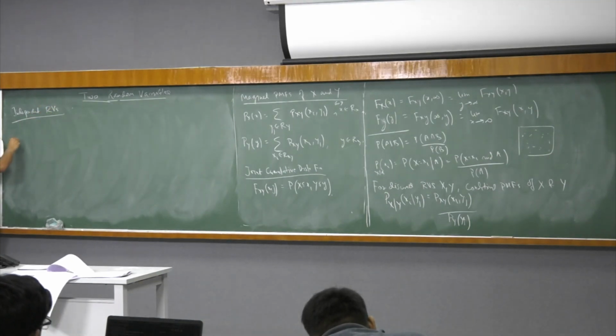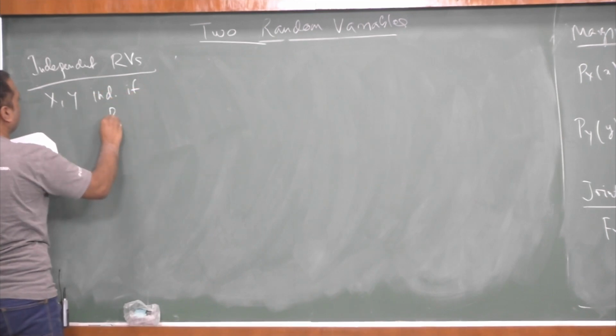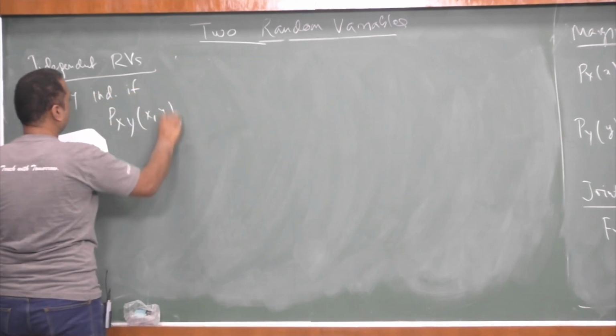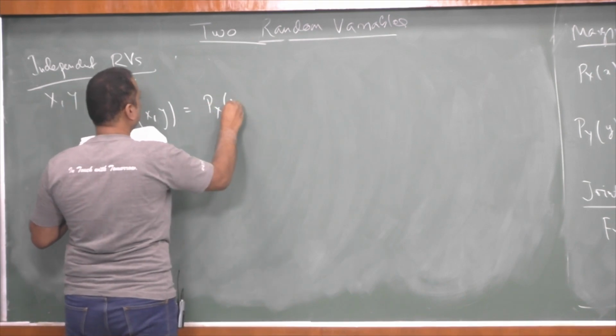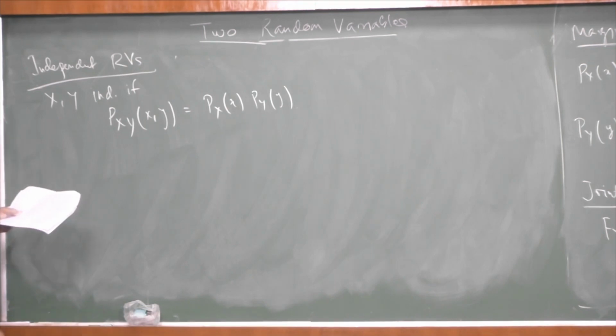So independent random variables: x, y independent if the joint is the product of the marginals, for all x and y obviously.